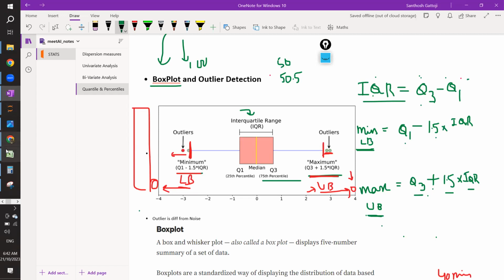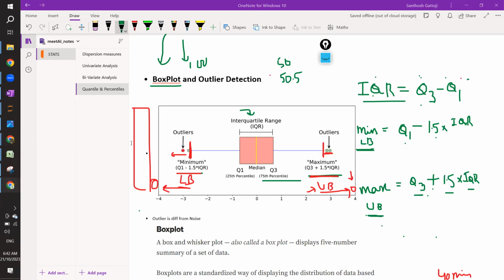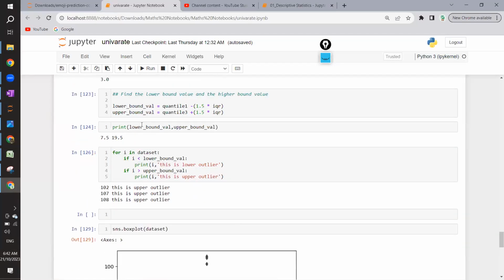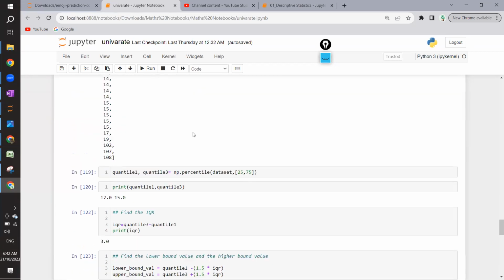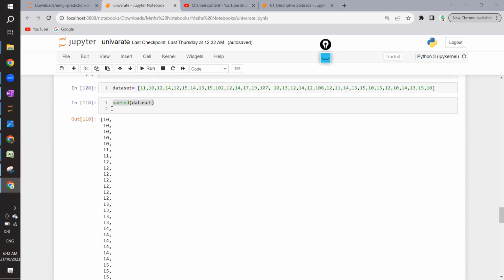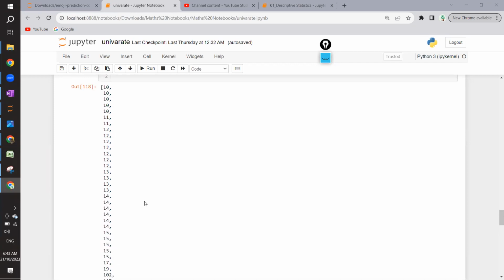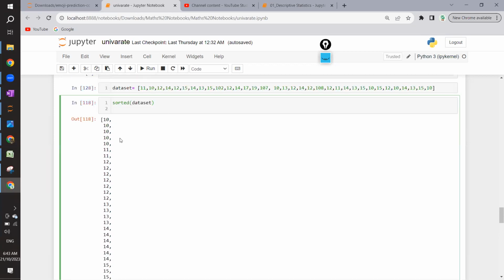Yesterday we saw an example where the lower bound was 7.5 and the upper bound was 19.5. But in the data, there were no points with 7.5 or 19.5. Still, 7.5 is the lower bound and 19.5 is the upper bound, because those are the values the formula decides.